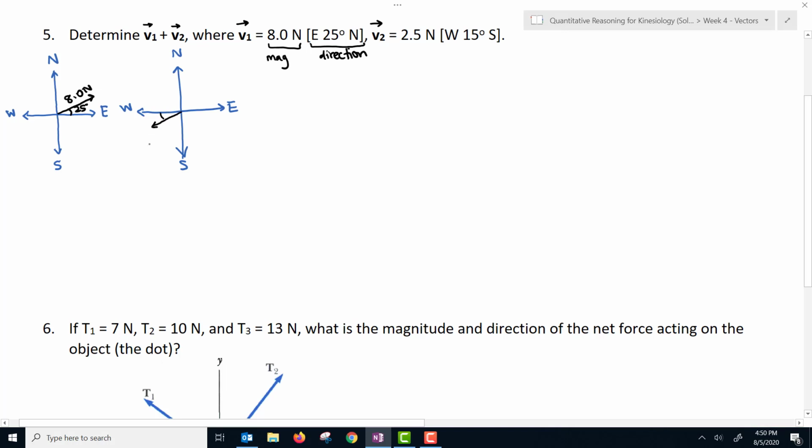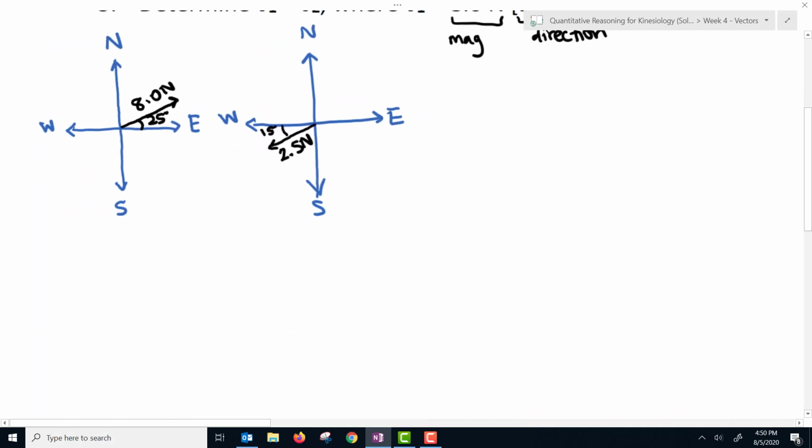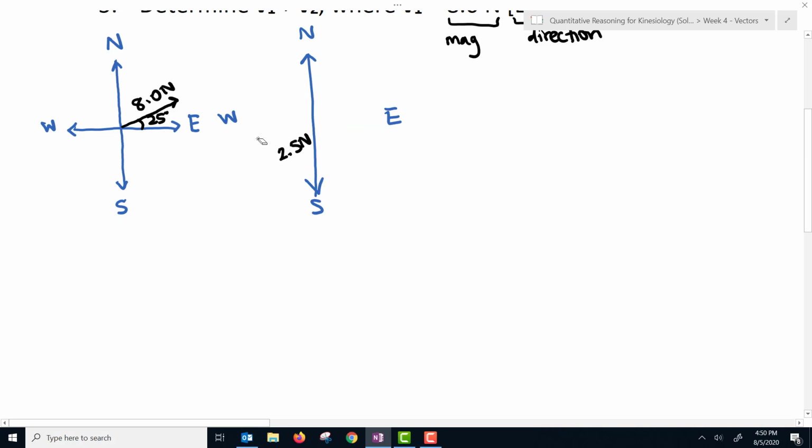It looks something like this: 2.5 newtons, and this is 15 degrees. Okay, I'll zoom in a little bit. I'm just going to clean this up a little bit.